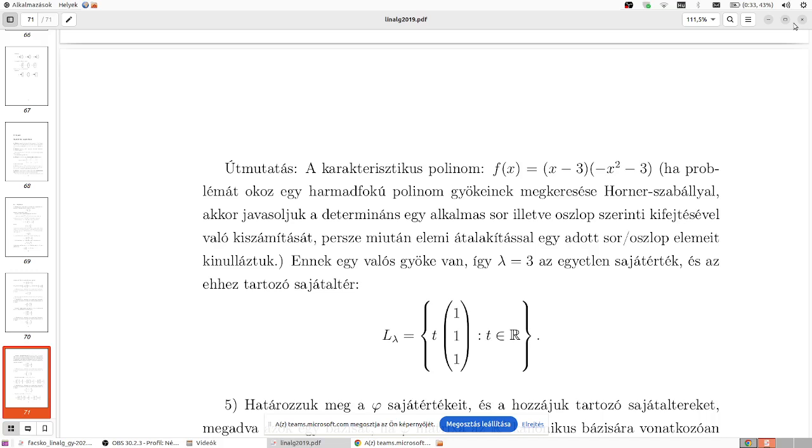So the subspace of this eigenvalue, this is for the eigenvalue 3.